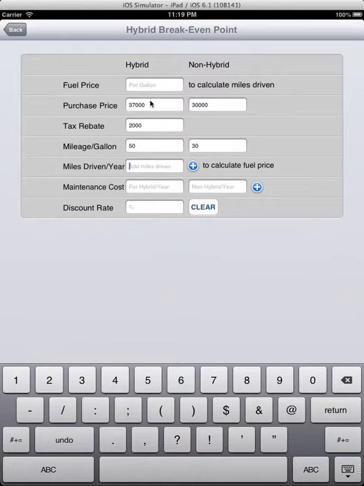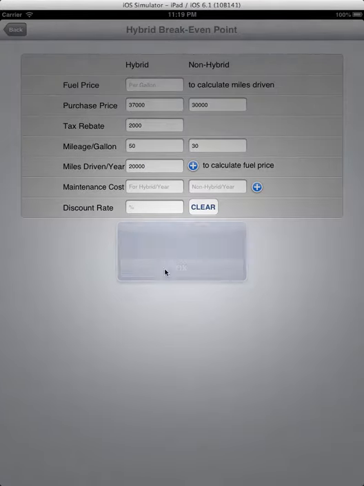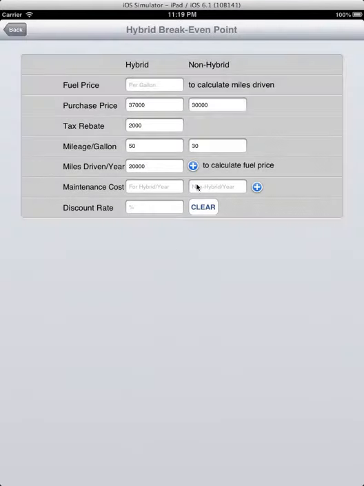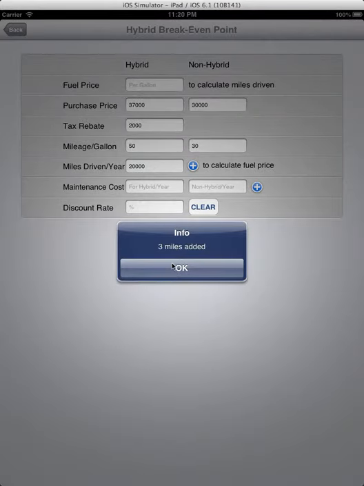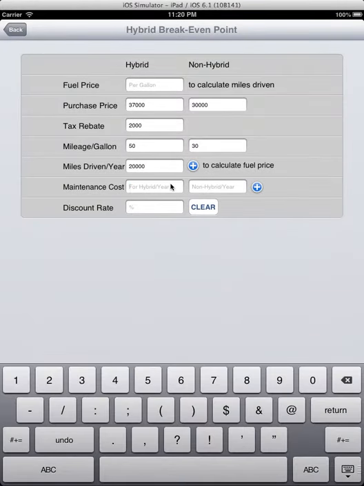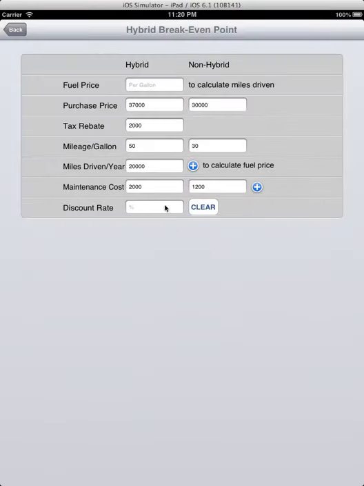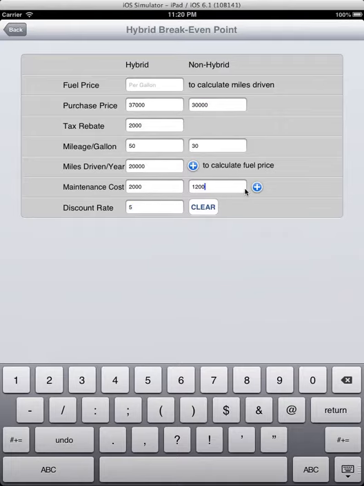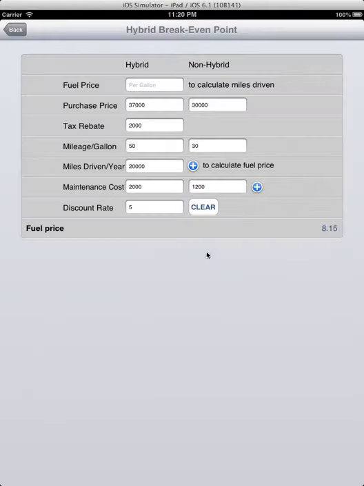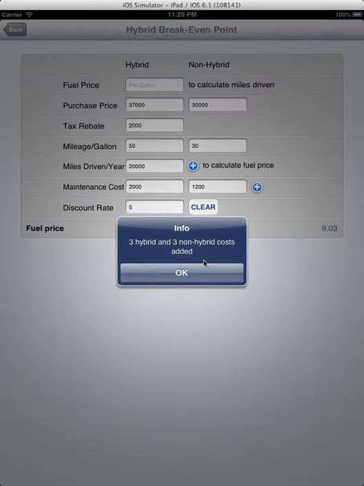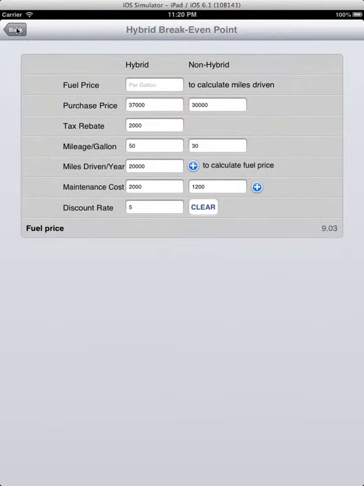Let's see, mileage driven is 20,000, say 3 years, and here maintenance cost is 2,000 versus 1,200. We also need to add a discount rate, and that gives the gas price.